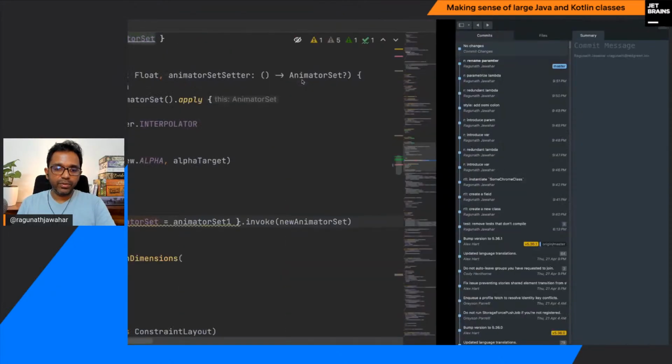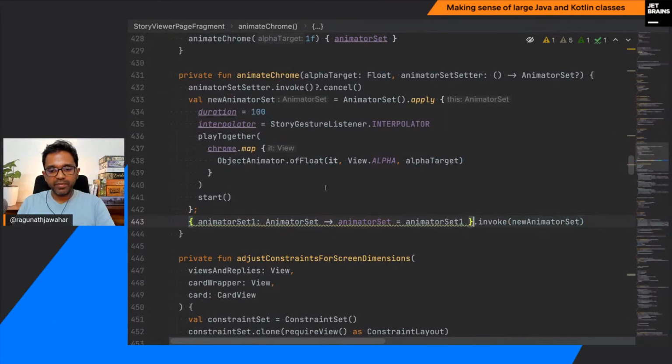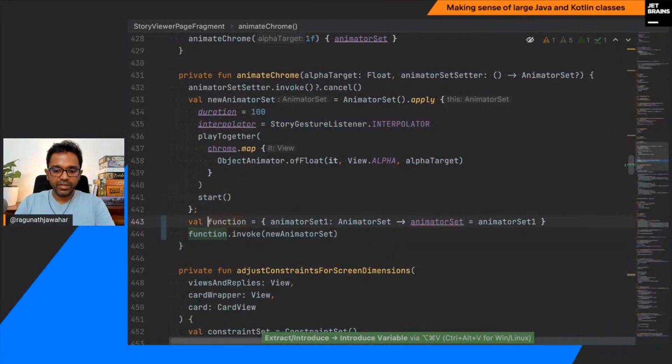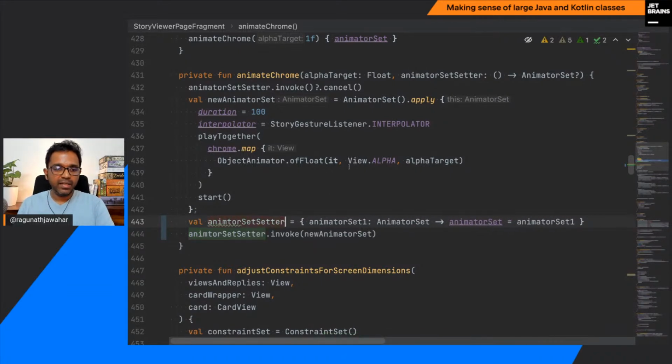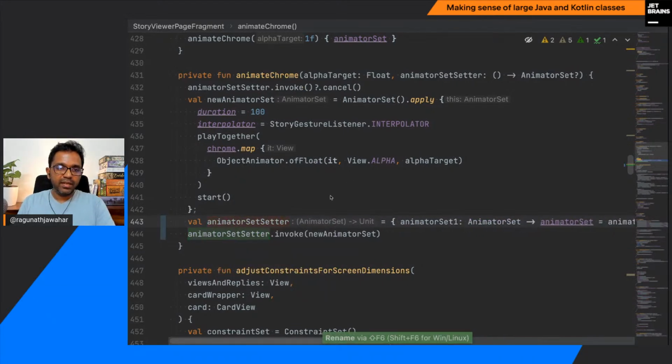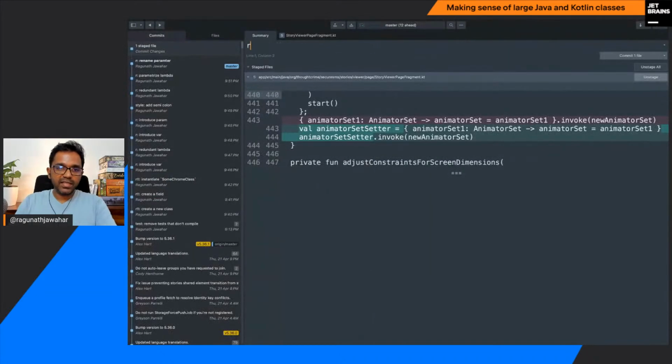And now this becomes more interesting because now you can pull this into a variable. Now this is your animator setter. Okay, the name's strange, but that's fine. Then we say, okay, this is a safe refactor. The IDE did it for us. Introduce variable.